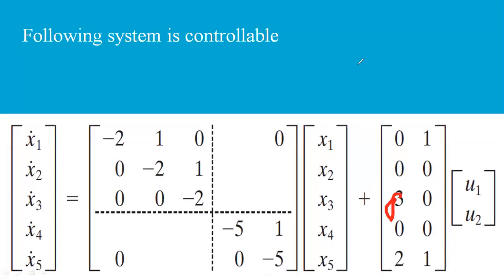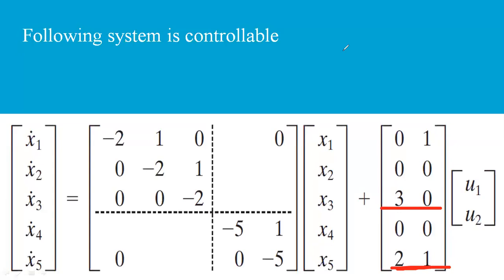Instead of 3, here if it is 0, then the system is not controllable. Since there is an element 3 here, and this row is a non-zero row, this is also a non-zero row corresponding to the Jordan block last row. Here the system is controllable.